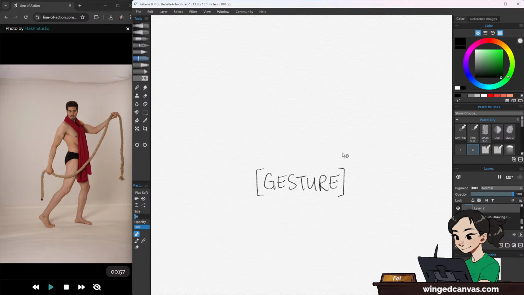So what is a gesture? Let's talk about that. What is the first thing that you think of when I say gesture? I'm just going to create a little map here. Movement.